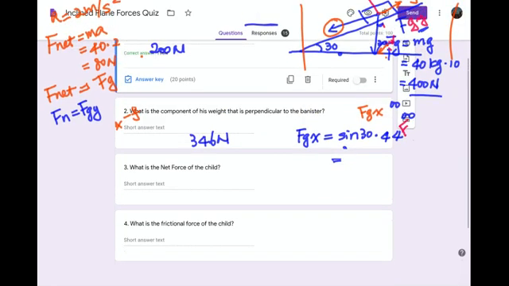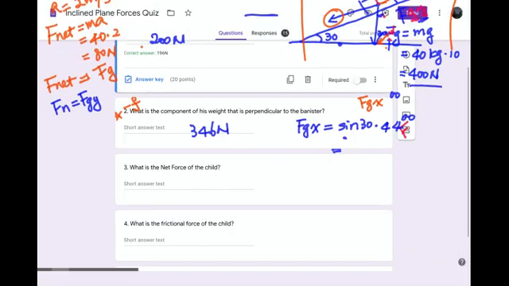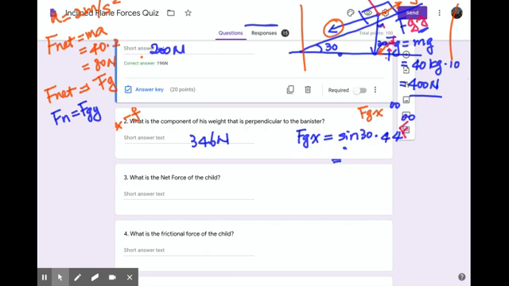So what is the net force? We already found that net force is 80. What is the frictional force? We know that F net is equal to Fgx minus friction.